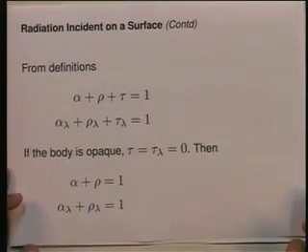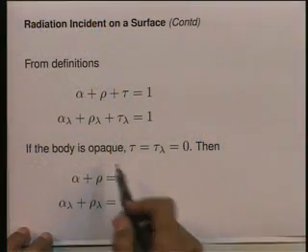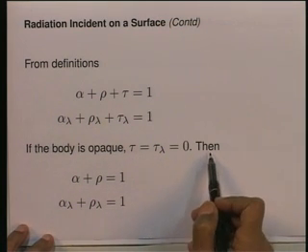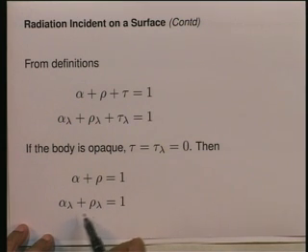And if the body is opaque, like for instance a metallic surface, so that no radiation can go through the surface, then tau and tau lambda would be 0, and then alpha plus rho is equal to 1, and alpha lambda plus rho lambda is also equal to 1.